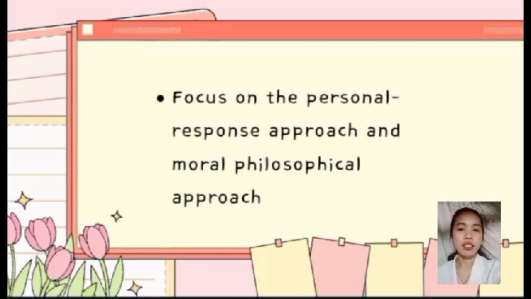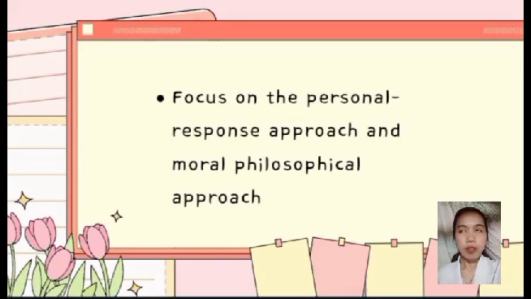So what are these personal response and moral philosophical approaches? In the personal response approach, you encourage students to connect learning to their own lives and experiences, while in the moral philosophical approach, you encourage the students to consider ethical implications and values related to the literary works being discussed.